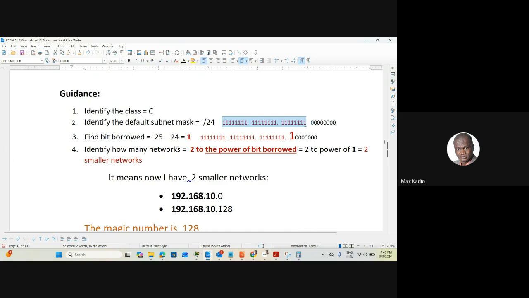Everyone belongs to 1 big room. As soon as I add 1 extra to become 25 or 26 or 27, it means I don't have only 1 big room, but I divided it into smaller rooms. How many smaller rooms? 2 to the power of bits borrowed. Here, 2 to the power of 1, because I borrowed only 1 bit. So I now have two smaller networks.